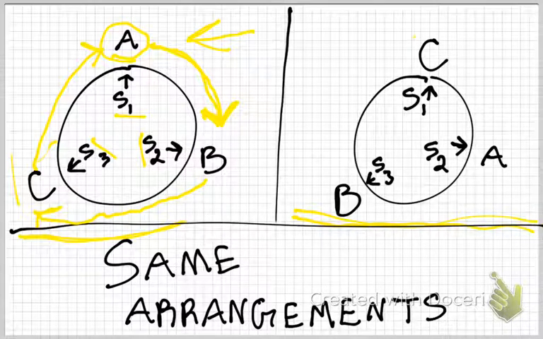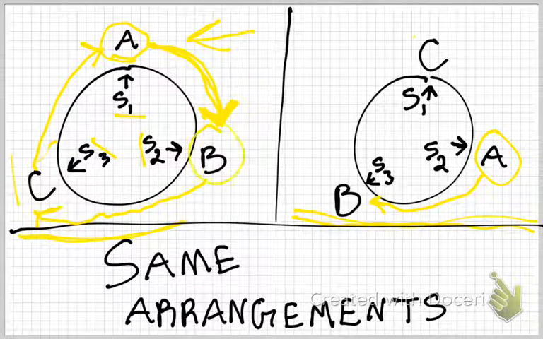So just a quick recap: on the left, you look to A's left, and you have B. Over here, you look to A's left, and you have B. Again, you look to B's left, and you have person C. Same over here.